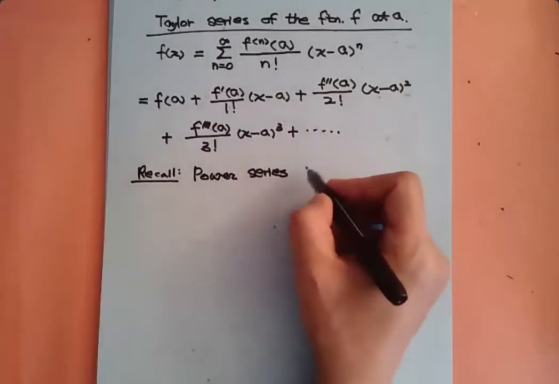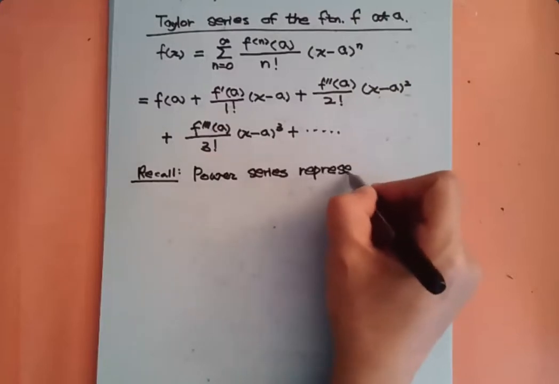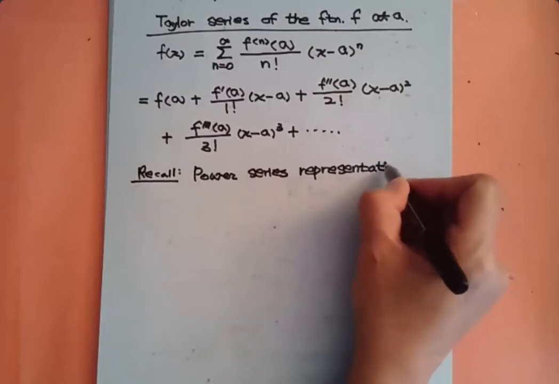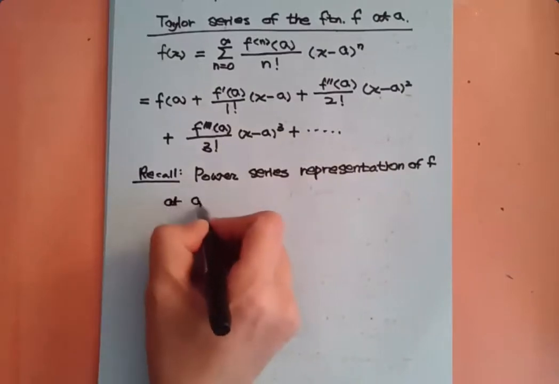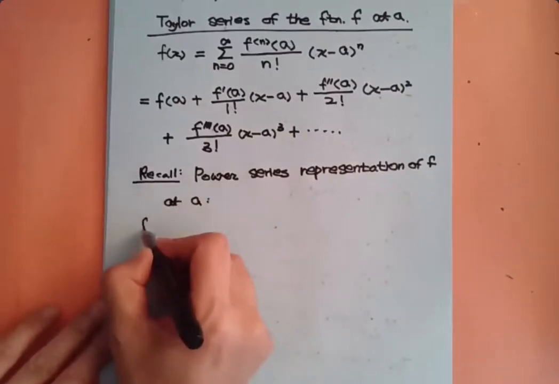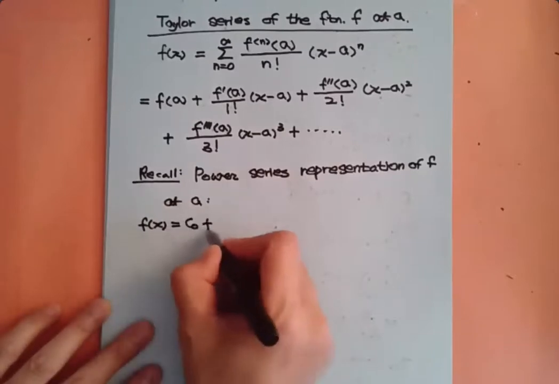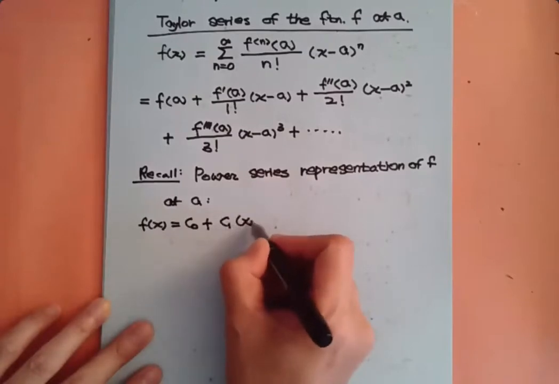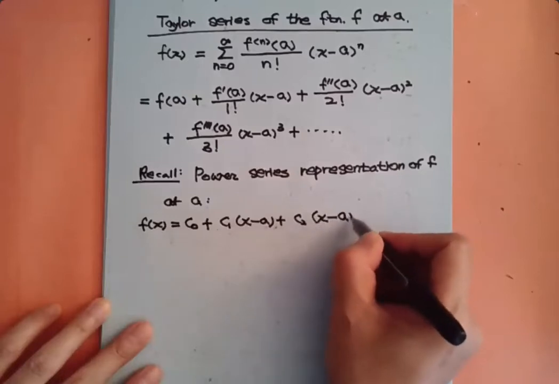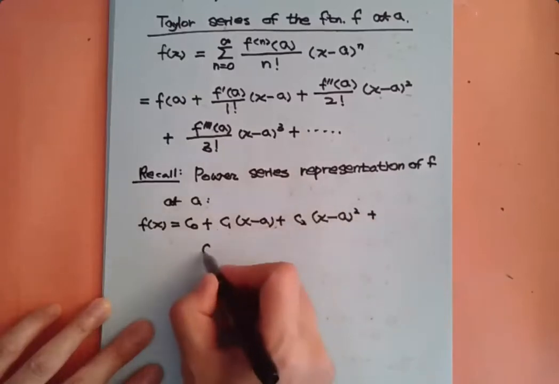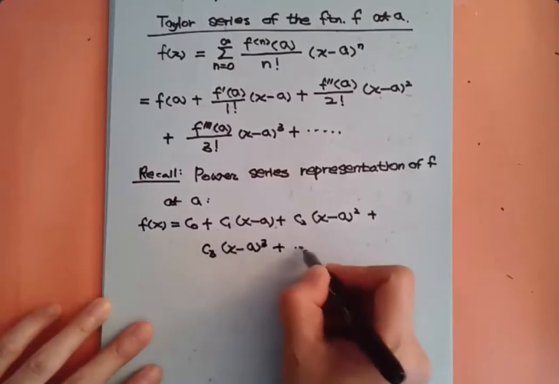In the previous section, we learned about the power series representation of f at a. And that was written as f of x equals c0 plus c1 times (x minus a) plus c2 times (x minus a) squared plus c3 times (x minus a) cubed, and so on.